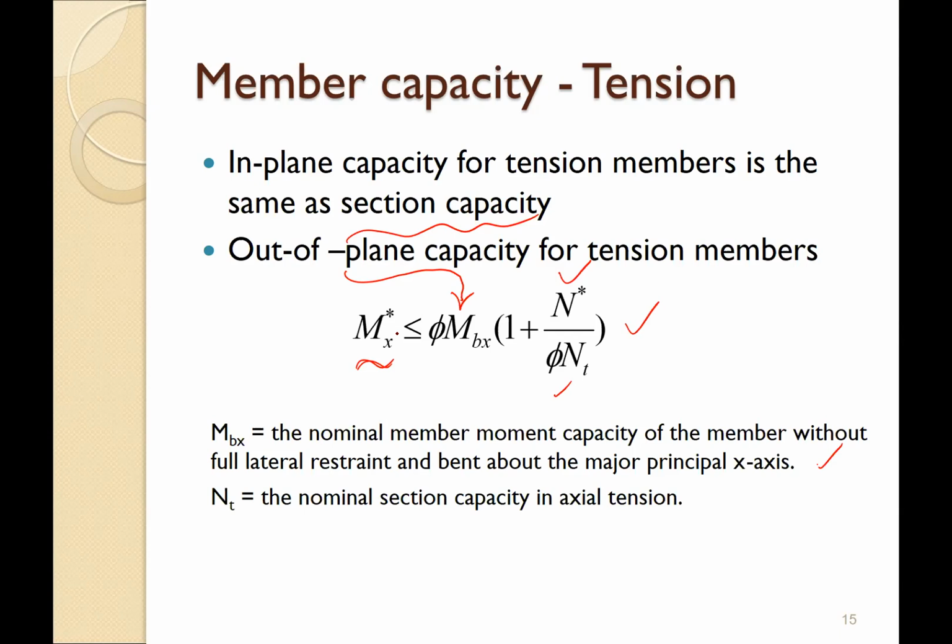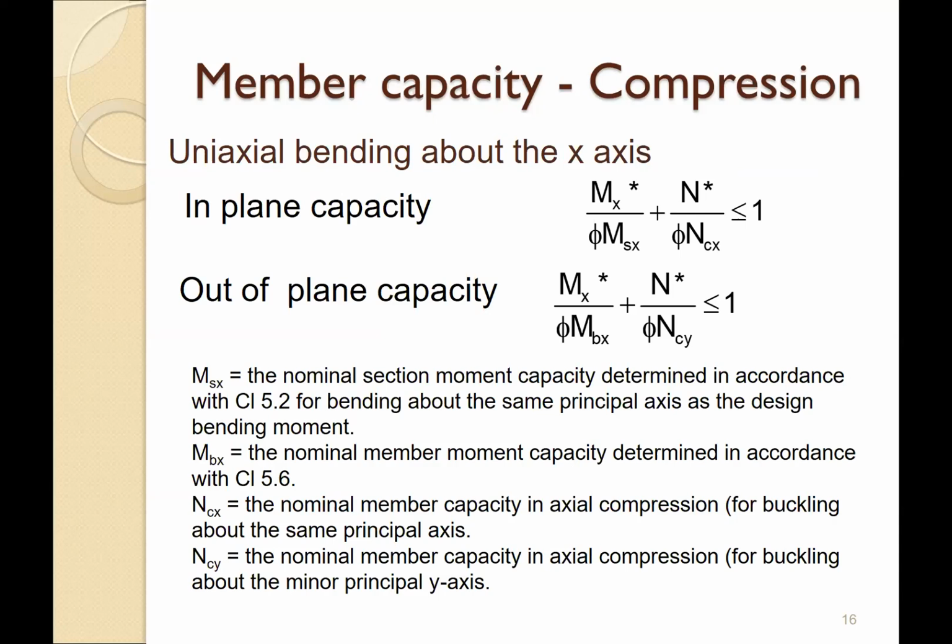When we have the tension capacity, this is what we have shown here in this expression. And then we are looking at uniaxial bending about the x-axis and calculating the in-plane and out-of-plane capacity.